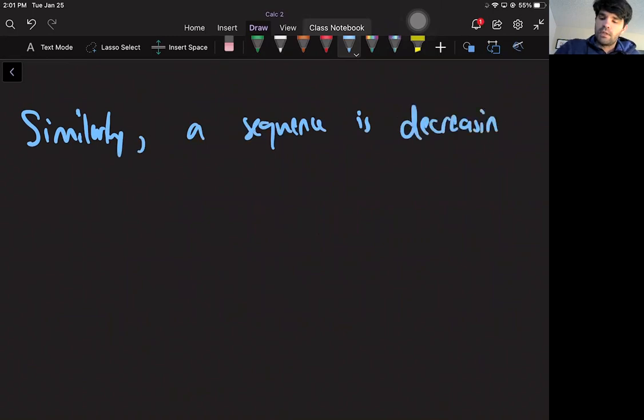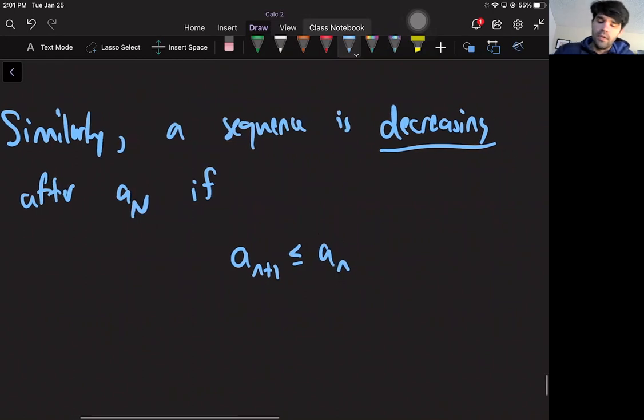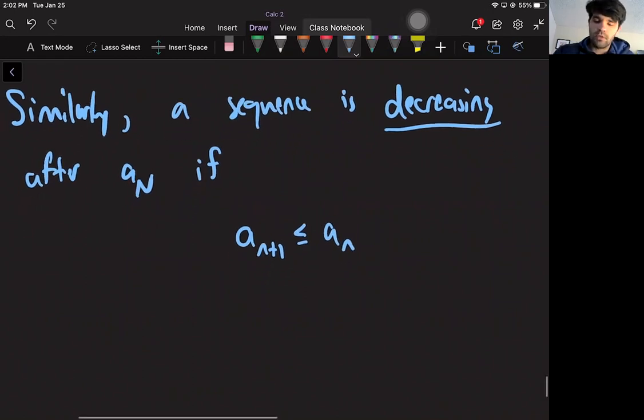It's just going to be the exact opposite thing after a specific term. If now you want the next term to be the smaller term. So an plus 1 needs to be smaller than an, because that means that the next term is smaller than the previous term. So the terms are getting smaller. That's what it should mean to be decreasing.